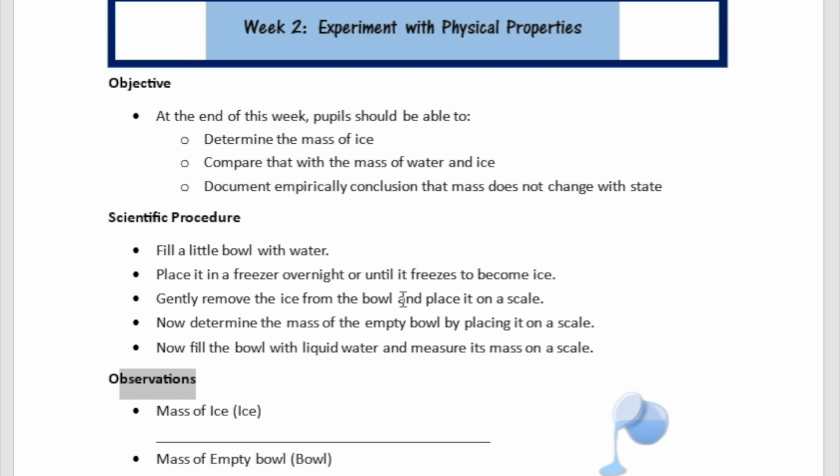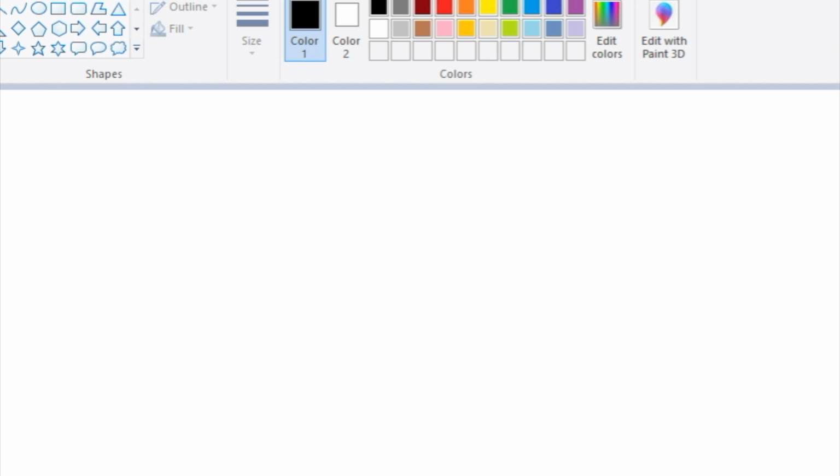Why don't you go ahead and fill up a little bowl with water. Let's take a look at it. What we're going to do right now is get our water. You're going to get a little bowl like that, and you're going to determine the weight of this bowl first on a scale.